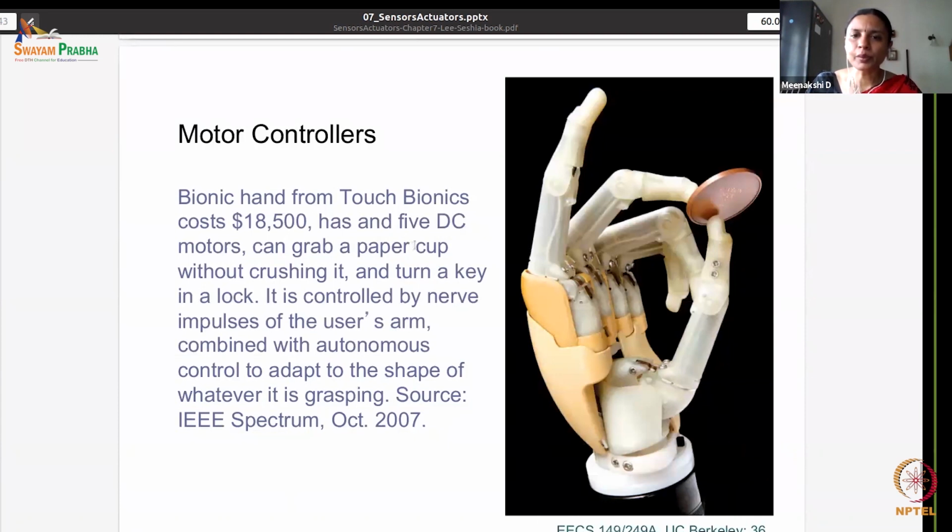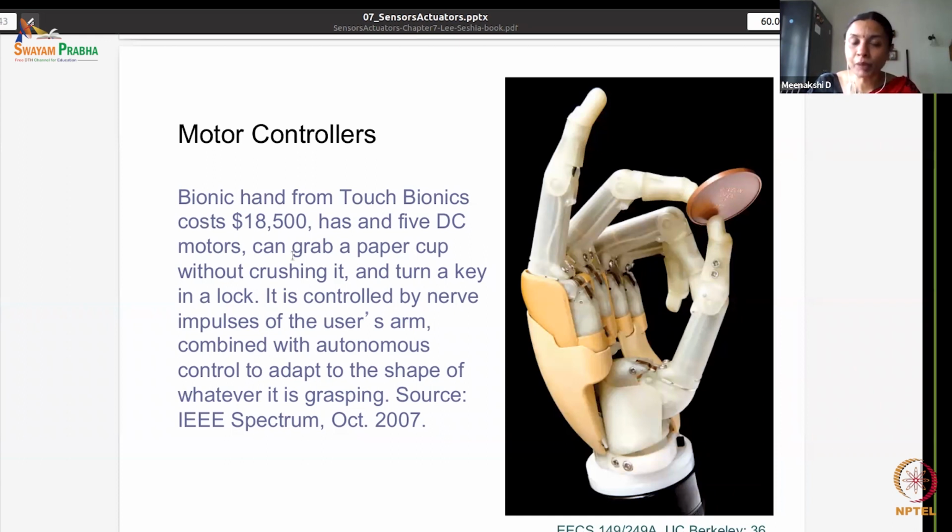This is an example of a different kind of sensor, which is not used in an aircraft, but it tells you how subtle the data measured by sensors are. This is a bionic hand, which is meant to replace amputated human hands, and it has such fine precision measurement. It's an expensive device, but it has 5 DC motors, which act as actuators.